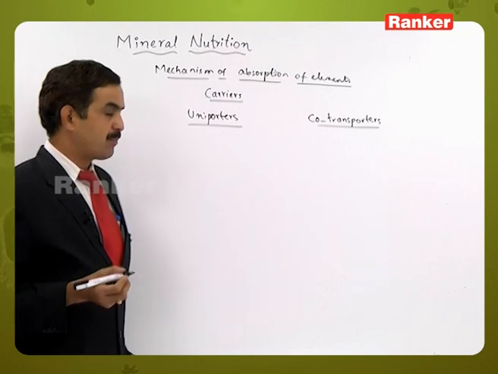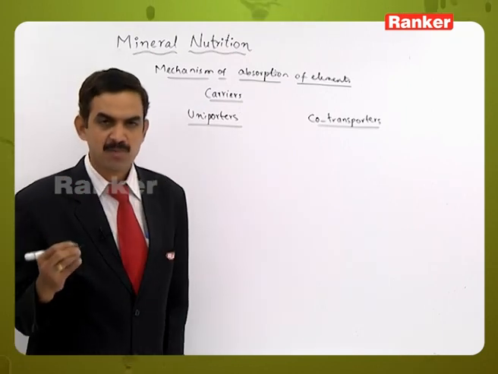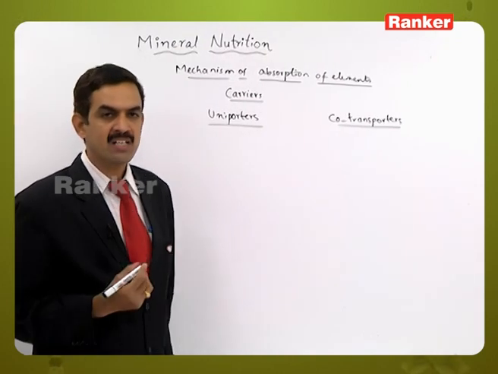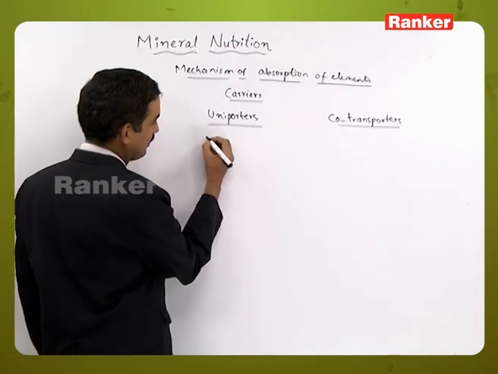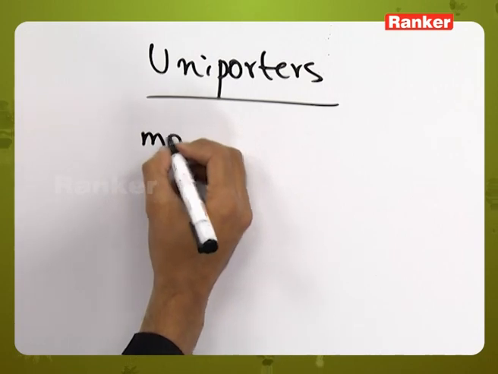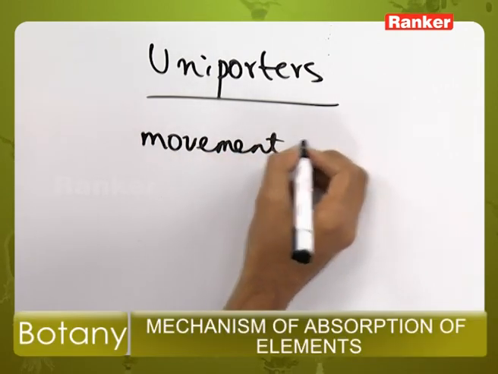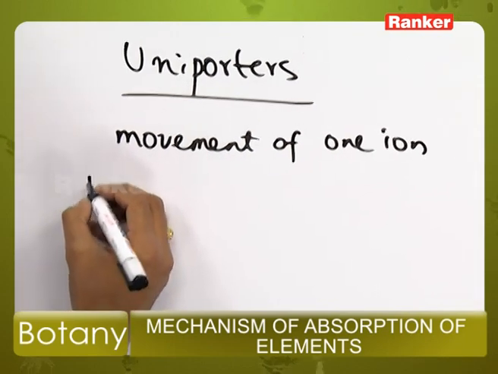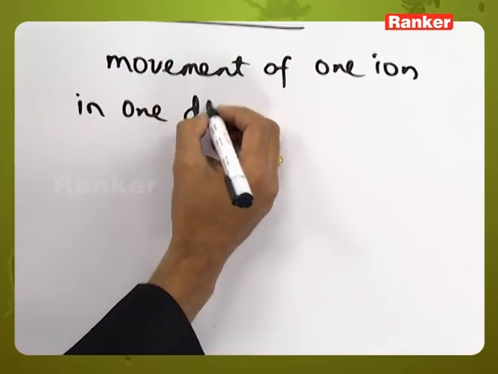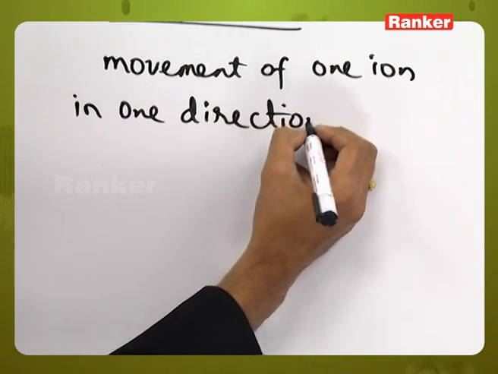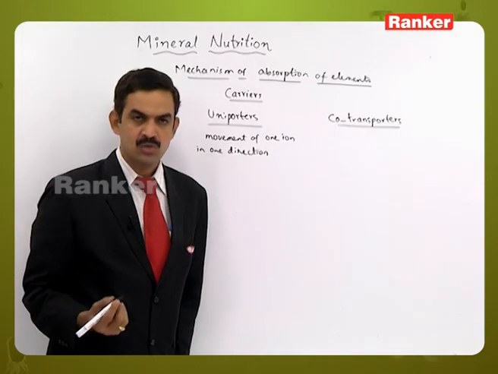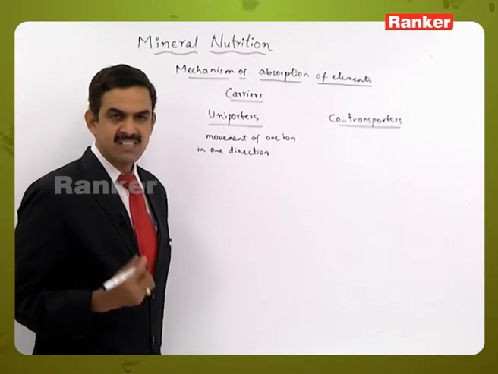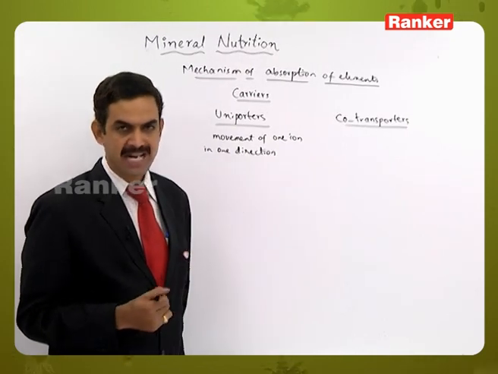Uniporters are the protein carriers present in the plasma membrane that carry one type of ion in only one direction, either from outside to inside or from inside to outside. This type of protein carrier is called a uniporter, and this mechanism is called the uniport mechanism.